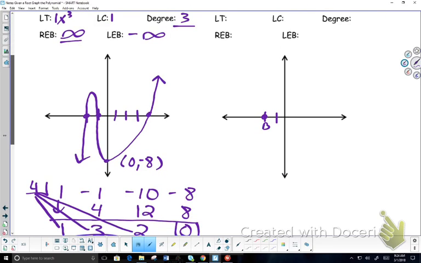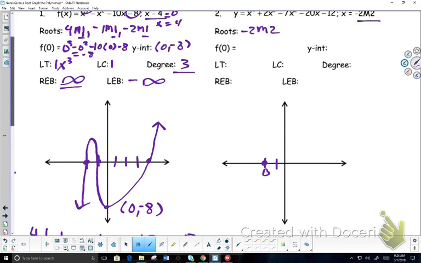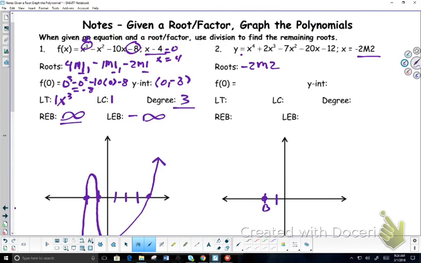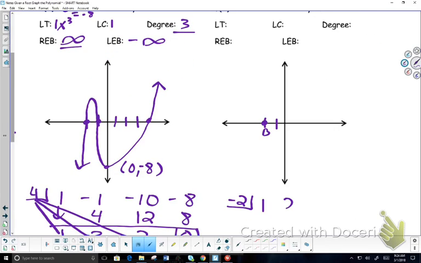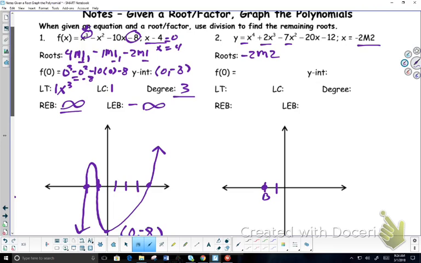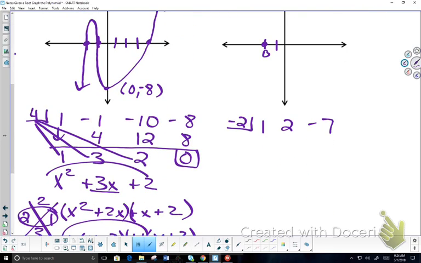So I'm actually going to divide by -2. The coefficients I'm going to write down for my division are 1, 2, -7, -20 and -12. My first step is to bring down my 1.